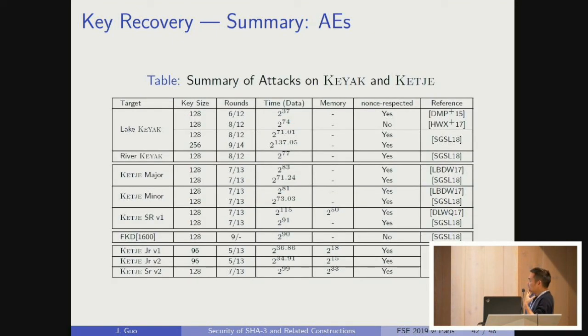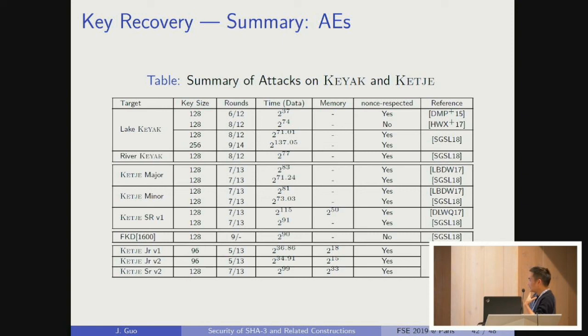And for K-Yak and K-Che, also depending on the key sizes, because this affects the layouts of the variables, we can attack from 6 to 9 rounds in different settings, like non-respecting and respecting. And for KJ, depending on the version, we have attacks up to 7 rounds out of 13.